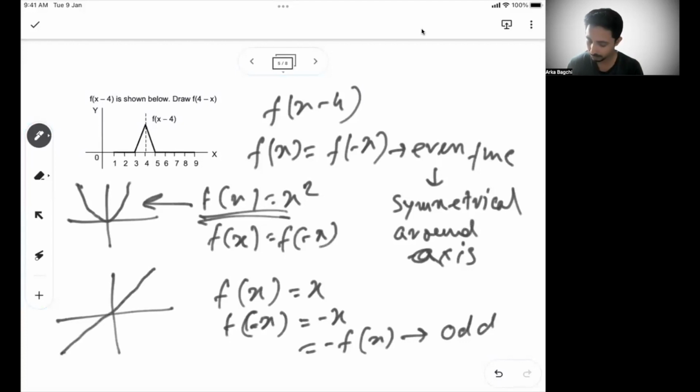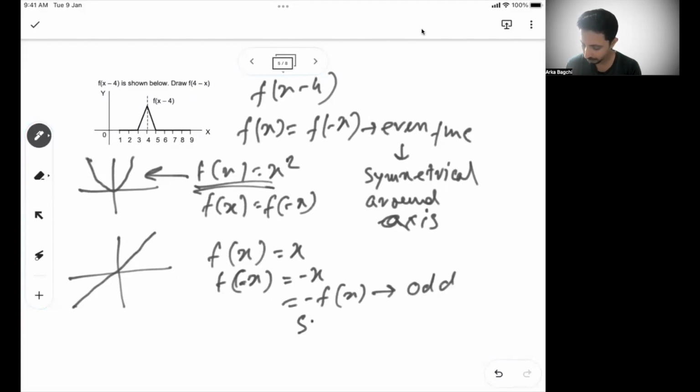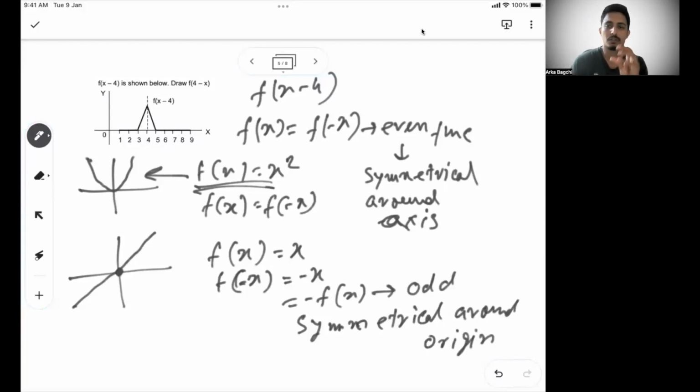So you can say odd functions are symmetrical around the origin or around the center. So you understand, if there is an even function, it will be symmetrical around the axis, be it x-axis or be it y-axis. If it is an odd function, then it will be symmetrical around the origin.